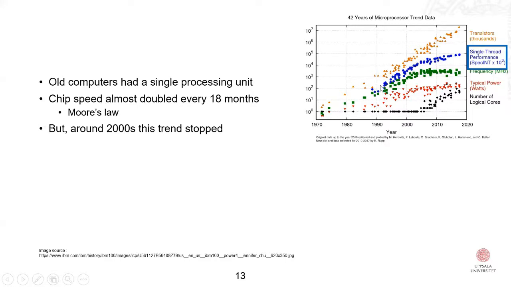We show the performance when we have only a single processing unit. So you see that first it was following an exponential trend, but then it didn't continue that trend. If it would continue, it would go up like this, but it didn't.